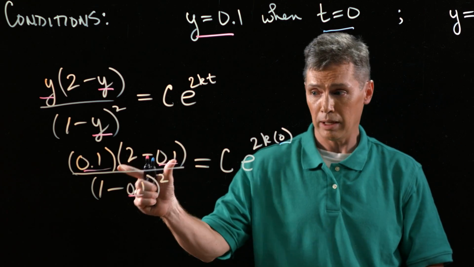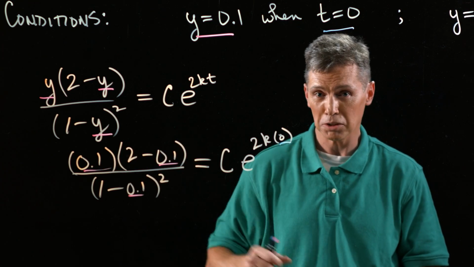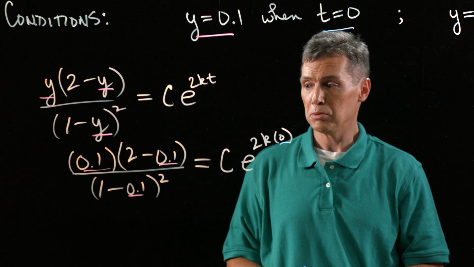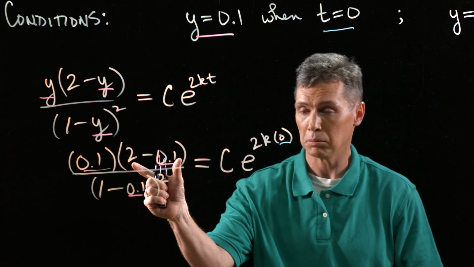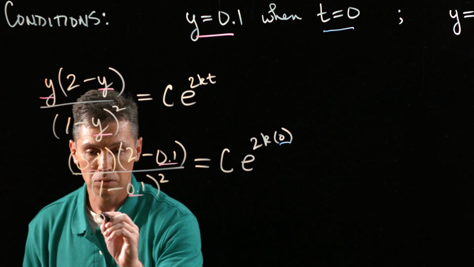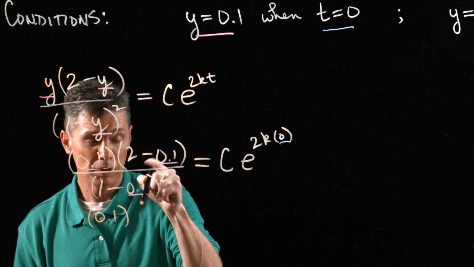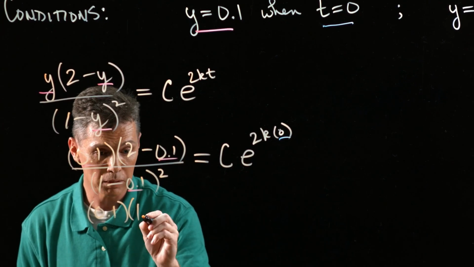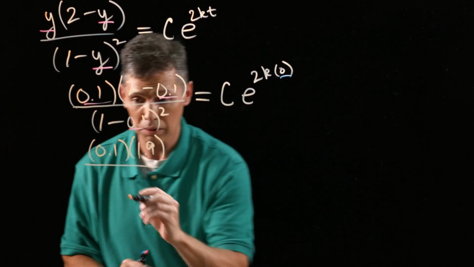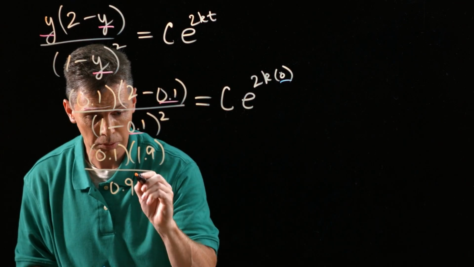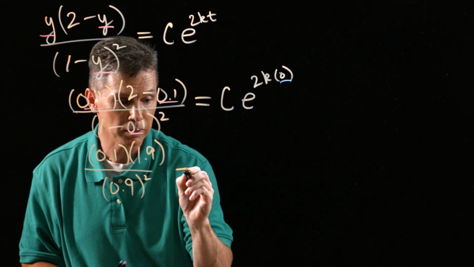I'm going to go to a calculator for an expression like this, especially with those decimals. But before I do that, I'll make it easier on my calculator because I can do some arithmetic in my head in the parentheses. 2 take away 0.1 is 1.9. And downstairs, 1 minus 0.1 is 0.9. But that needs to be squared.